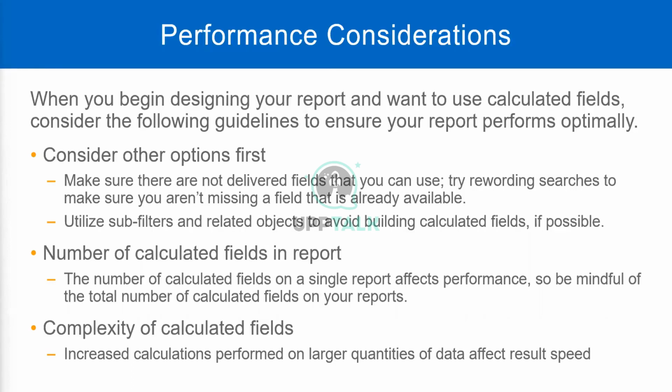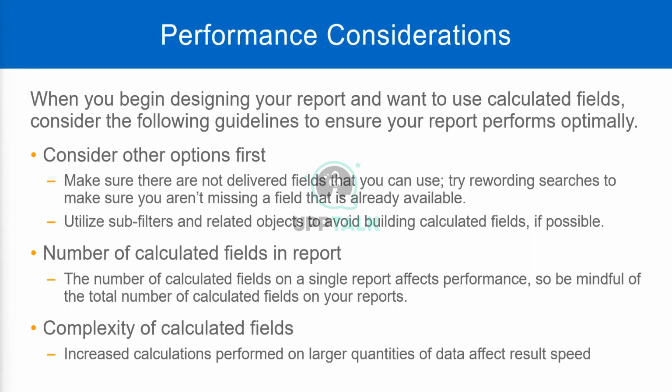And you are doing it on a very large amount of data, 30,000 or maybe 50, 60,000 workers, and it can be even more, 100,000 workers. Your report performance will go down. You will not have optimum performance.